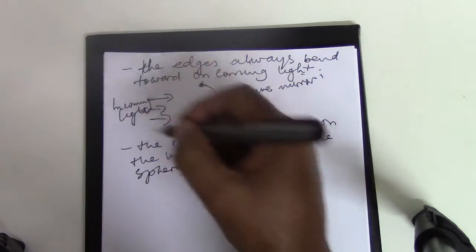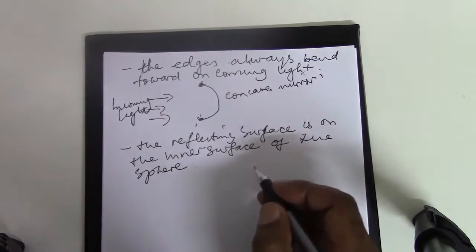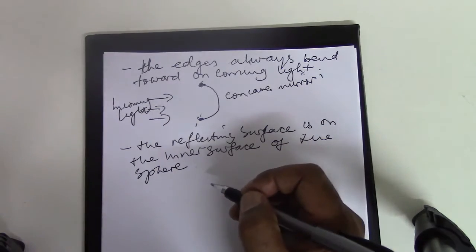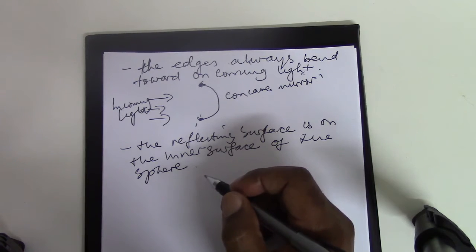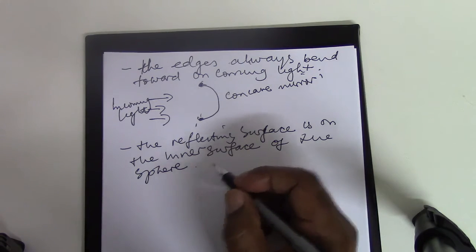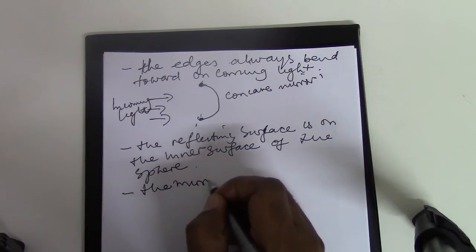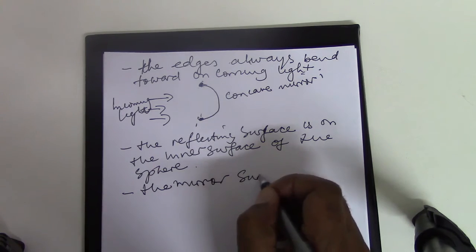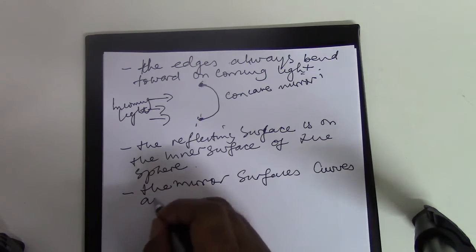Remember, we make the whole surface. If we were making the inside of the sphere, the reflecting surface, so it's the inner surface of the sphere. Check. And we say the mirror surface caves away.